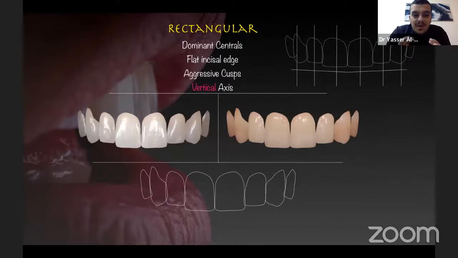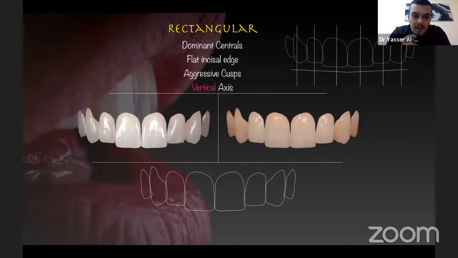Now we will talk about the dental shape, or the tooth shape, and a small piece of information to know: our teeth are not all the same.